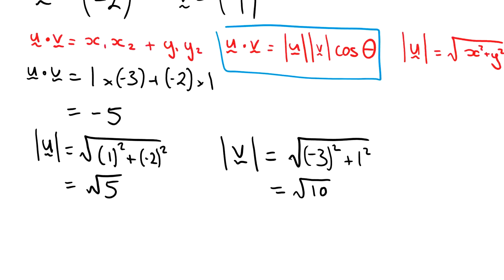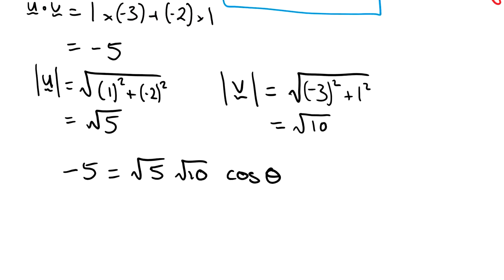So now we need to use our middle formula, which is this one here, to find our angle. So we know our scalar product was -5. We know the magnitude of u is √5. We know our magnitude of v was √10, and then cos theta. So at this point we can do our normal rearranging.